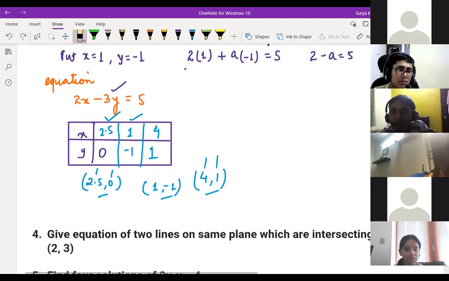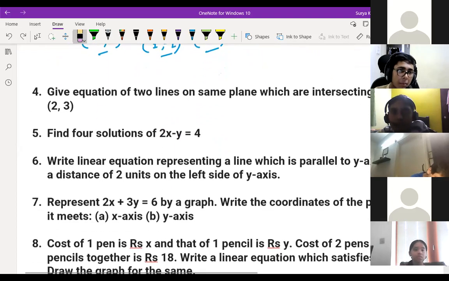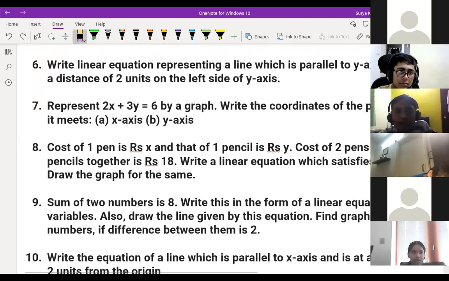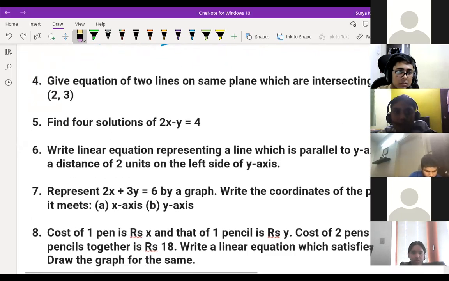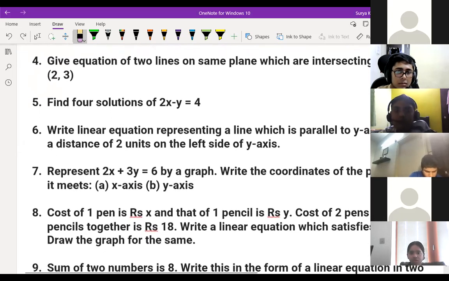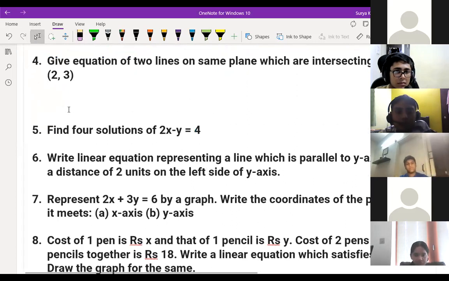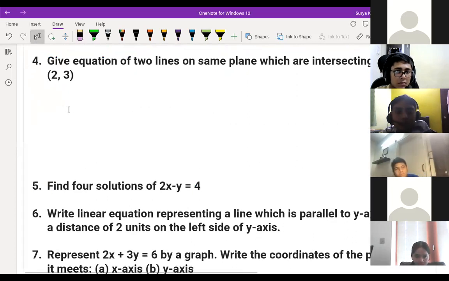So next question, number 4. Give equations of two lines on the same plane which are intersecting at point (2, 3).